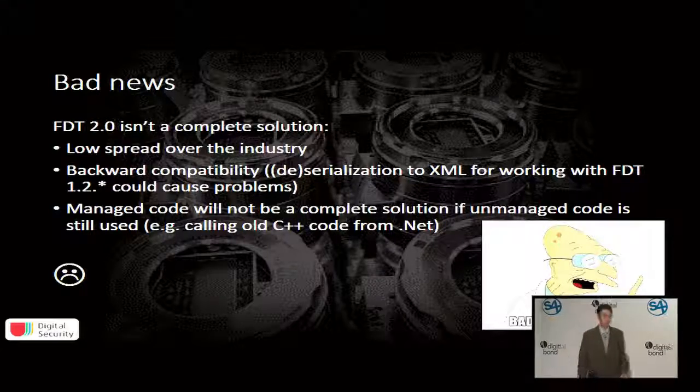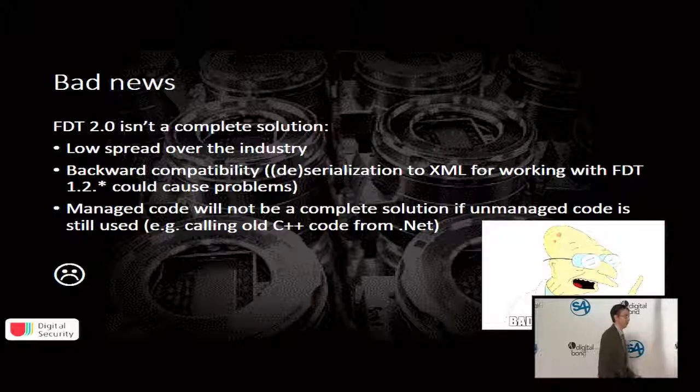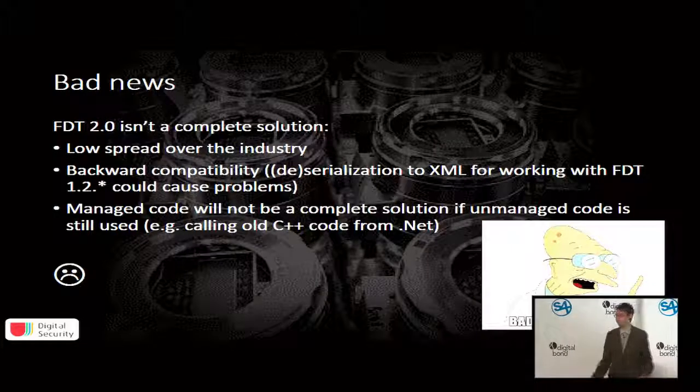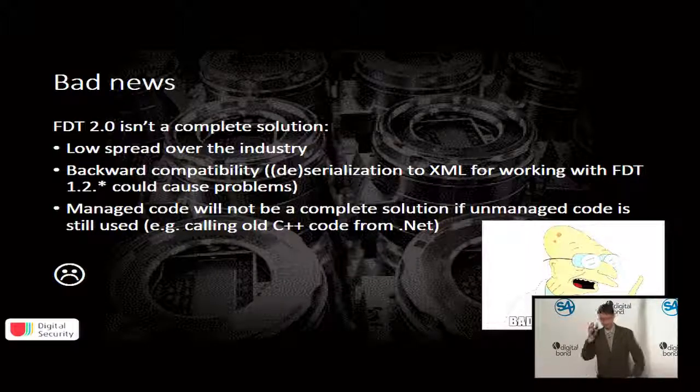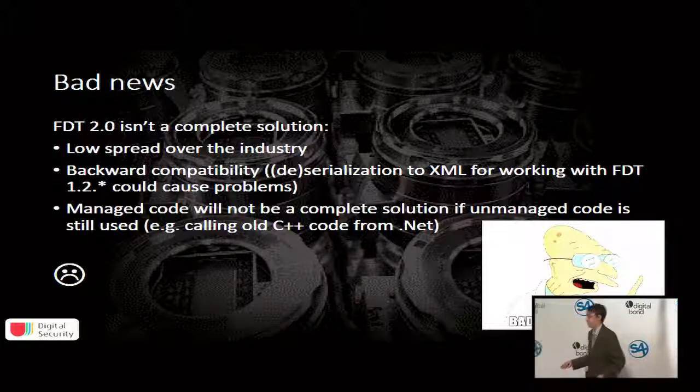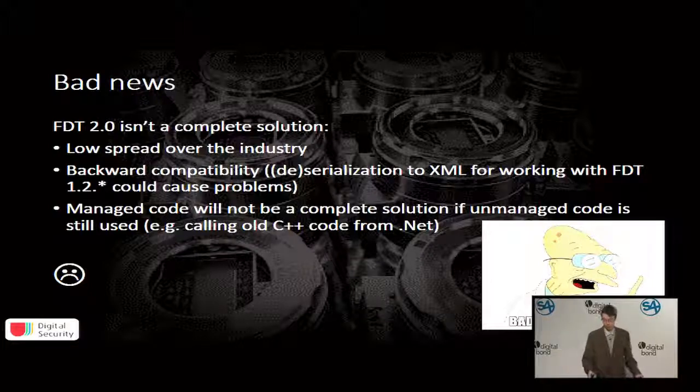And moreover, if they write the components the way they have to do until today, they will call unmanaged C++ code from managed .NET code, and that's not good. That's the same as using just simple C++ without .NET.